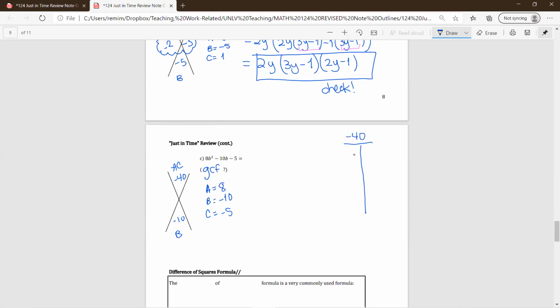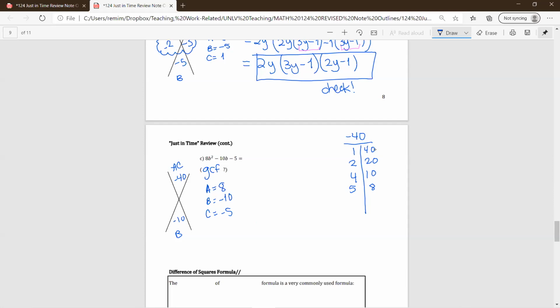Need a -40. So I just start with 1 and 40, then I move to 2 and 20, then I move to 3, which doesn't work. So move on to 4 and 10, then 5 and 8. 6 doesn't work, 7 doesn't work. 8 works, but we already have 8 down, so we're done with the list.